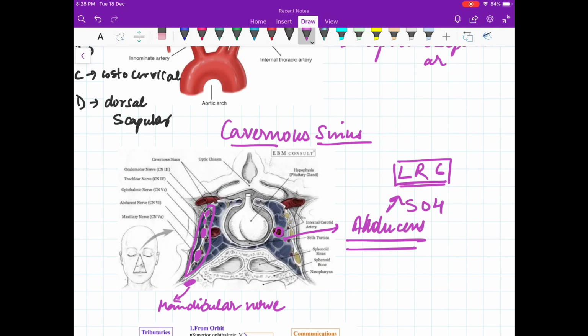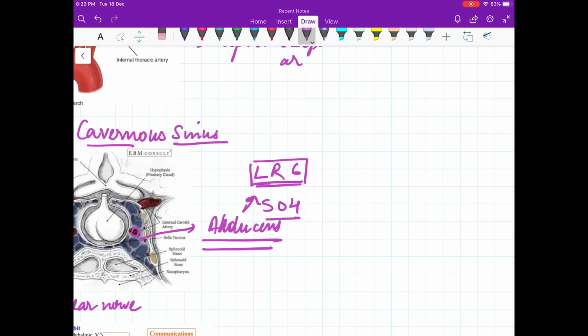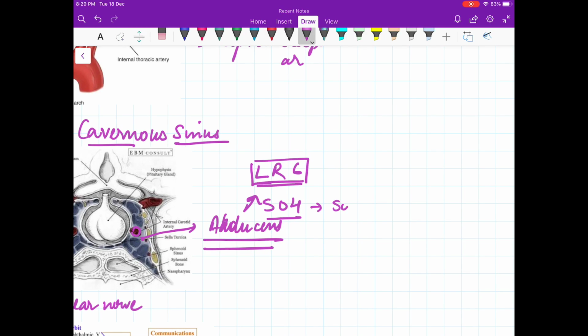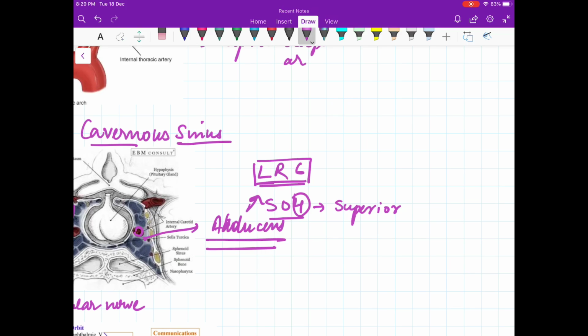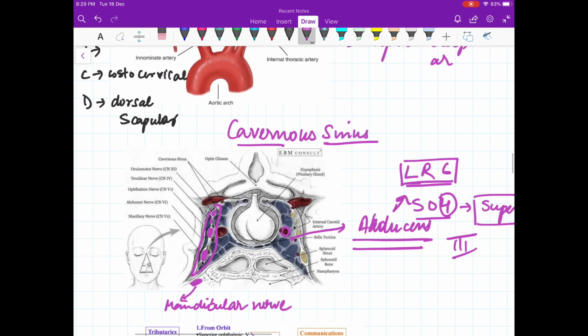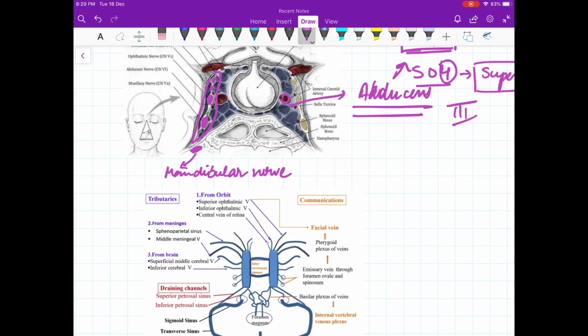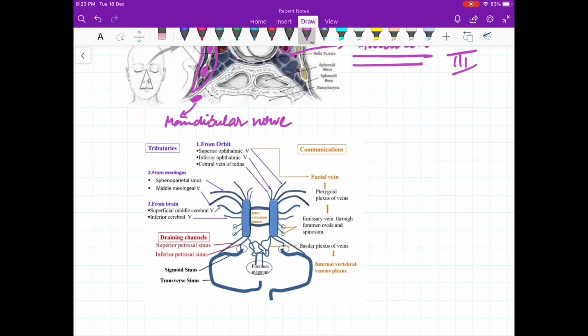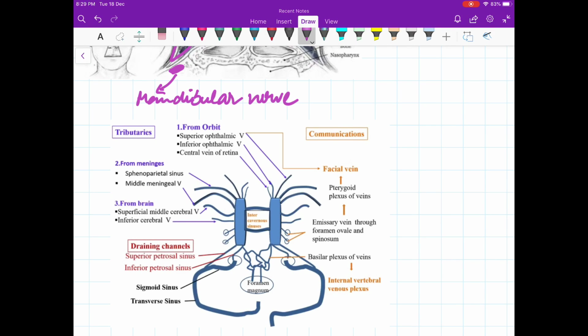The trochlear nerve, which is the fourth nerve, supplies superior oblique muscle. Rest of the muscles are supplied by third nerve.